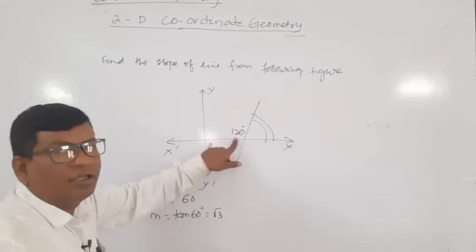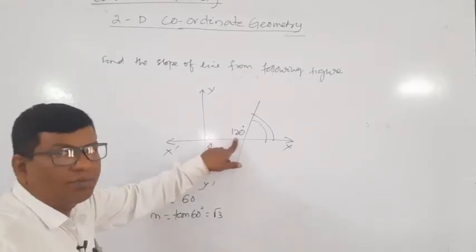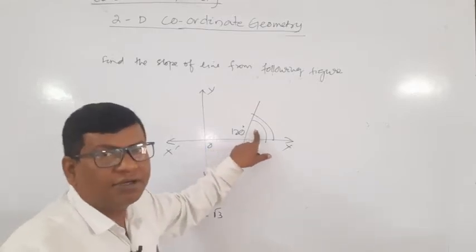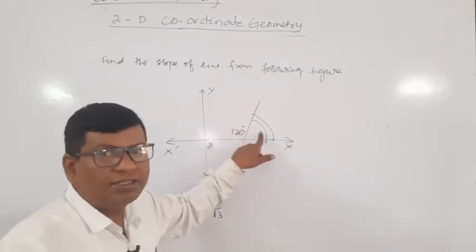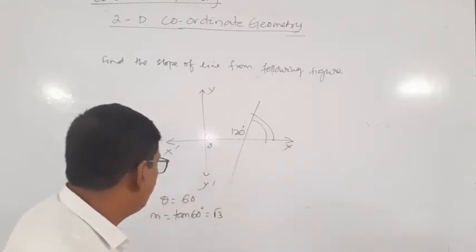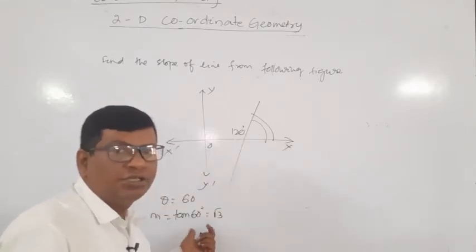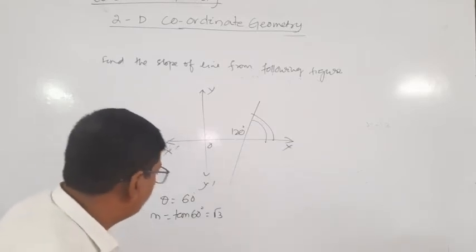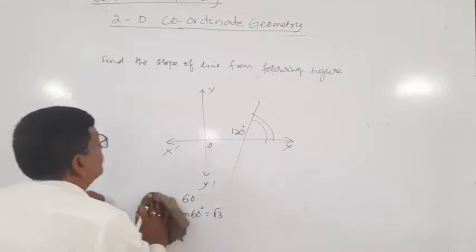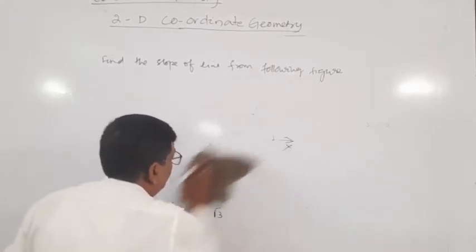If the angle given is on the negative part of the x-axis, but for slope the other angle is required, so if this is 120 then this will be 60 degrees. So theta equals 60 degrees, m equals tan 60, which equals root 3.